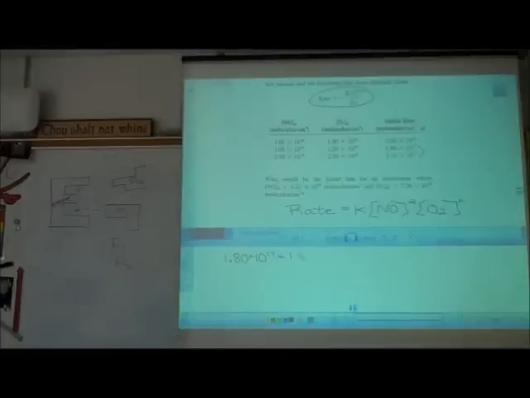Rate equals k, because we don't have a number for k yet, times, fill in the numbers, 3 times 10 to the 18th squared times 1 times 10 to the 18th to the x power. Okay? I'm going to rewrite that rate law the exact same way, except this time I'm going to put in numbers from the 3rd line.